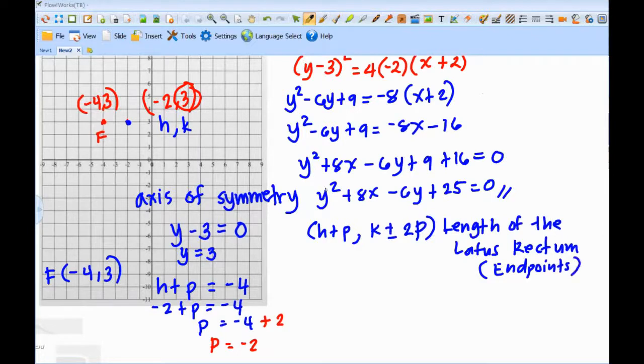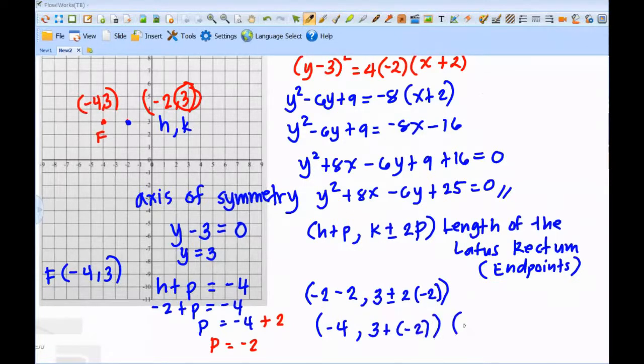Okay. So what is our h? The h given is negative 2. And our p is also negative 2. And then k is 3 plus and minus 2 times negative 2. Right? So we have negative 4 and 3 plus negative 2.